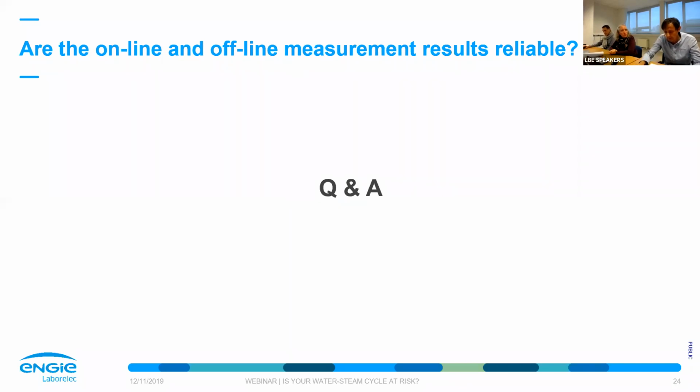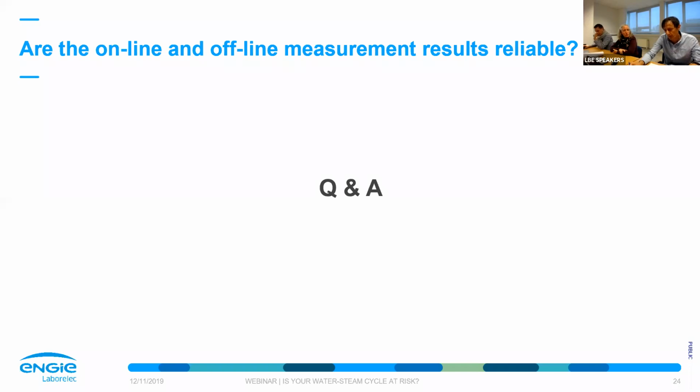You can interpret that question in a different way, but in my opinion, it's better to remove and discard your offline measurements as much as possible, so you can focus on making trends. When you make trends of your online analyzers, you work in a proactive way, and you will see upcoming incidents days, weeks, or months before you have the incident.